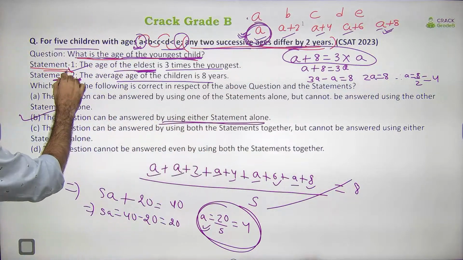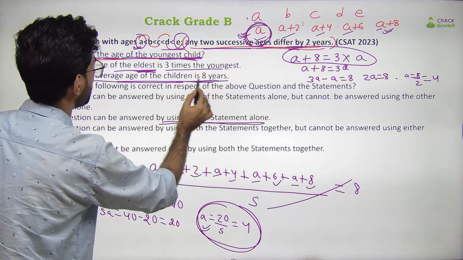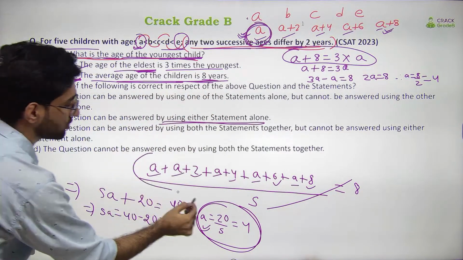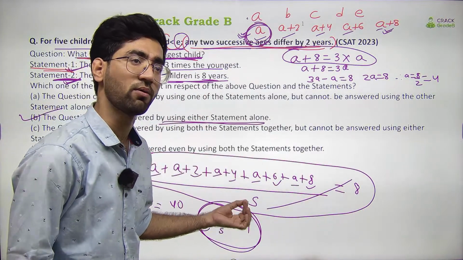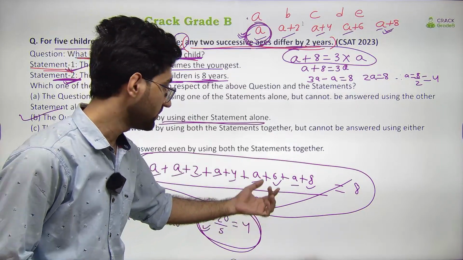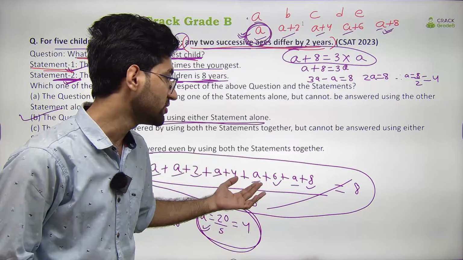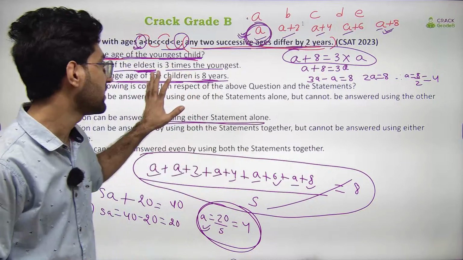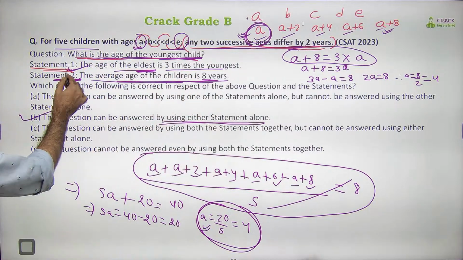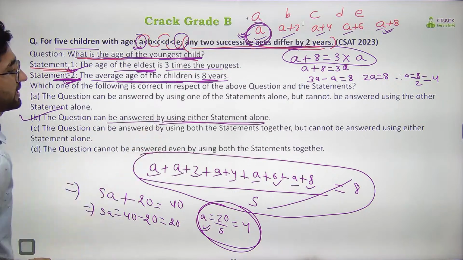Then you will come to statement 2, and you should be able to think that I can find the value of A by solving this equation. We don't need to find the exact value of A. It means we can answer this question by using statement 1 alone, and by using statement 2 alone. So the correct answer is, the question can be answered by using either statement alone.